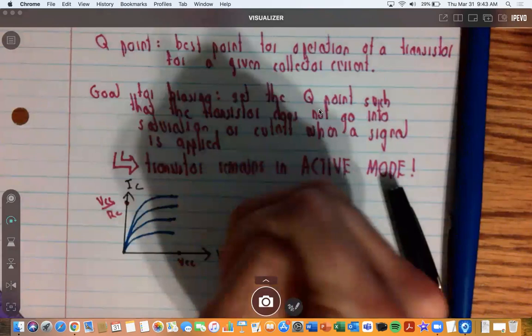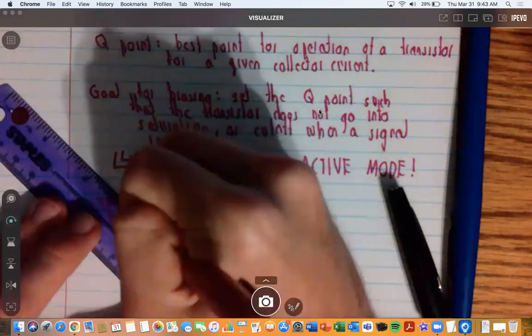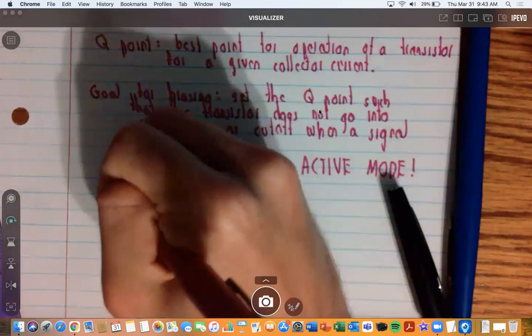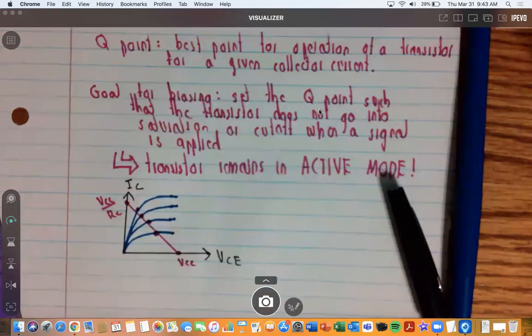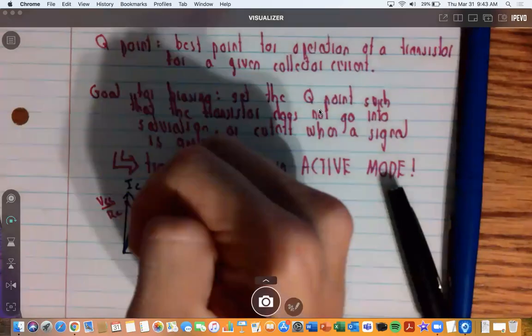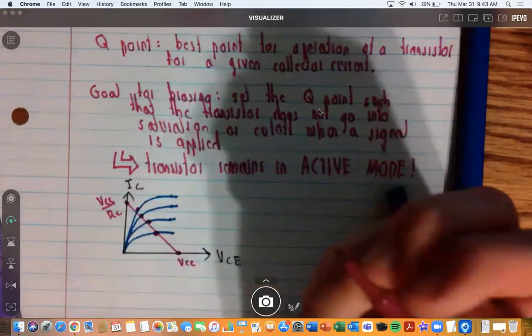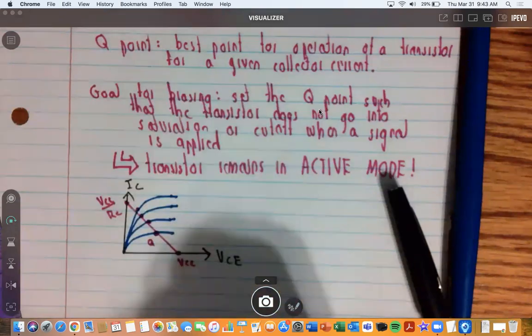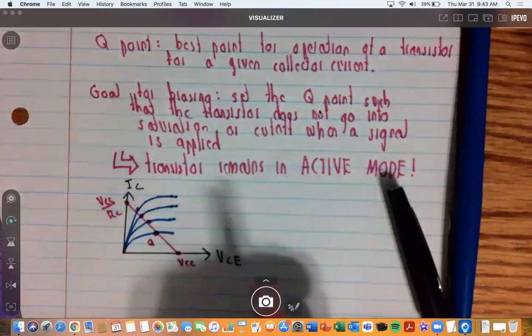So if you make a line between the two, that gives you your Q point. You can see something like that, but it's not perfect. You can look up a better diagram of this, but it's just an example. But this is our Q point here, where the two intersect along our characteristic curves.